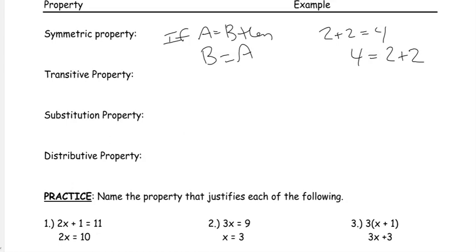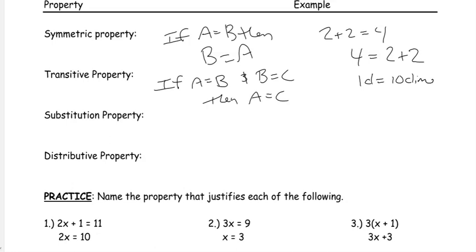The transitive property says if A equals B and B equals C, then A equals C. Example, if $1 equals 10 dimes and 10 dimes equals 100 pennies, then what does $1 equal? 100 pennies.